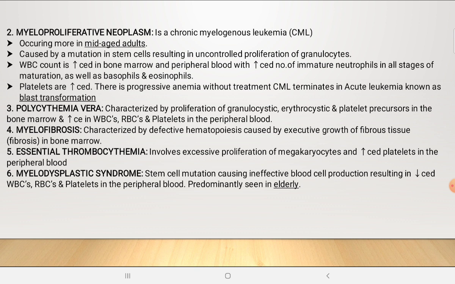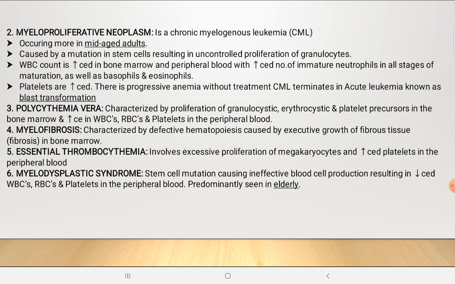Now, other variations of neoplastic WBC abnormality are polycythemia vera, which is characterized by proliferation of granulocytic, erythrocytic and platelet precursors in the bone marrow, and an increase in the WBCs, RBCs and platelets in the peripheral blood.